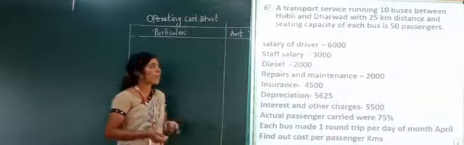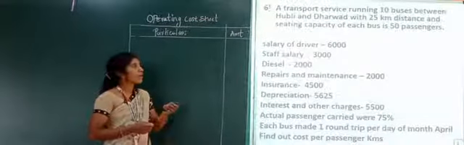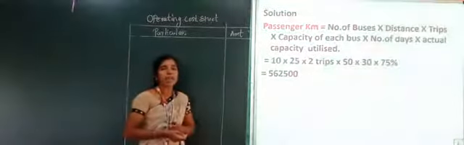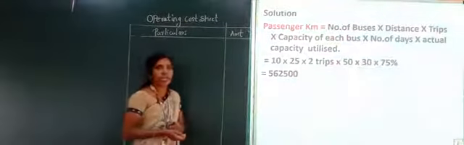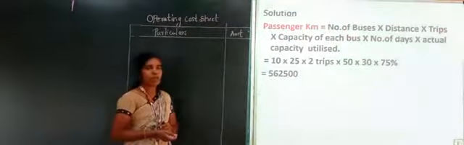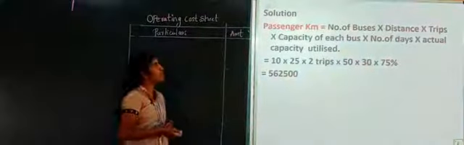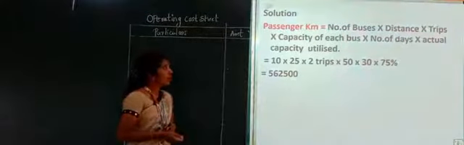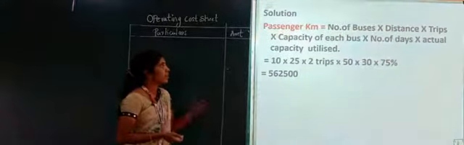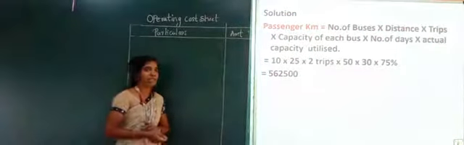So let's calculate the first step, that is the calculation of the passenger kilometer. Passenger kilometer equals number of buses into distance into trips into capacity of each bus into number of days into actual capacity utilized.